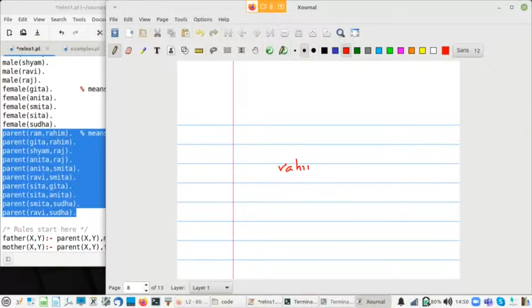So Rahim, and we have Ram and Geeta. Okay, the first two are there. Then we have Shyam and Anita are Raj's parents. So let's just put something here, Raj, Shyam and Anita. Then the second, third and fourth. Then we are seeing that Ravi is Smita's parent and Sita is Geeta's parent.